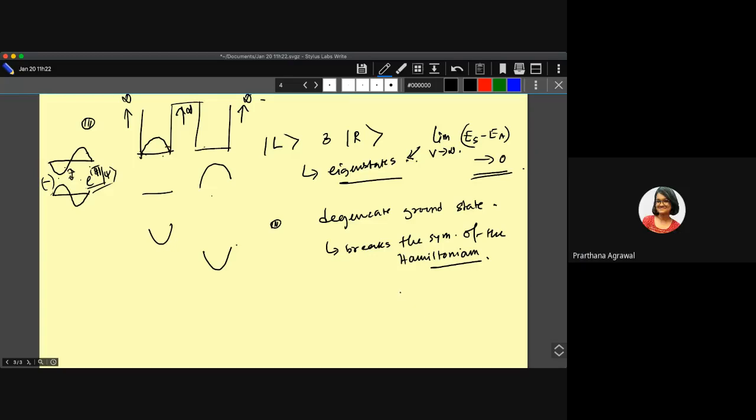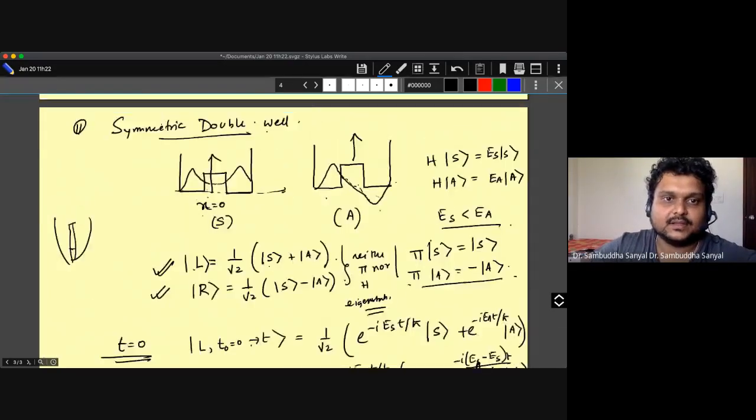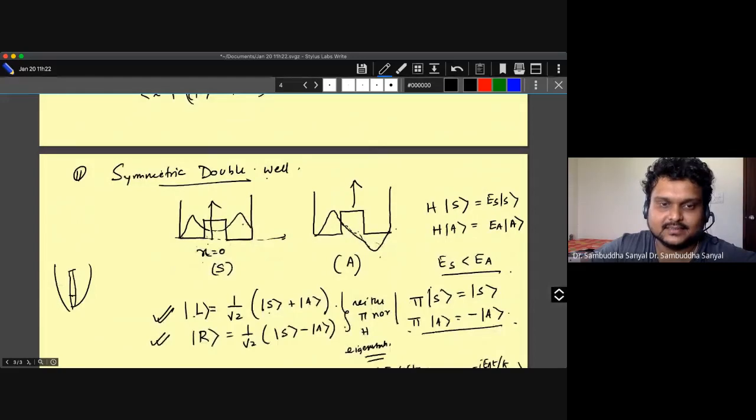No, sir. Could you repeat? Yeah. So if I look at these states, when I have a finite barrier, the eigenstates of this problem, which are S and A, are also parity eigenstates.